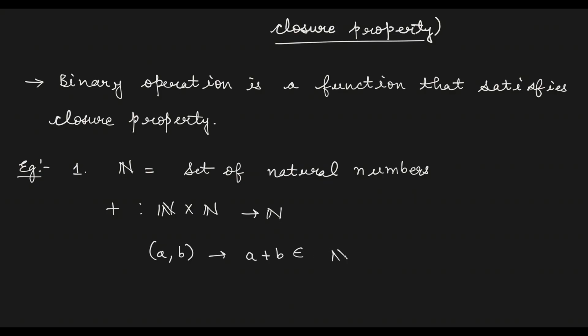This a plus b will belong to natural numbers. If I am taking two natural numbers as an ordered pair and I add them, then the result will belong to natural numbers only. This means plus is a binary operation on natural numbers.